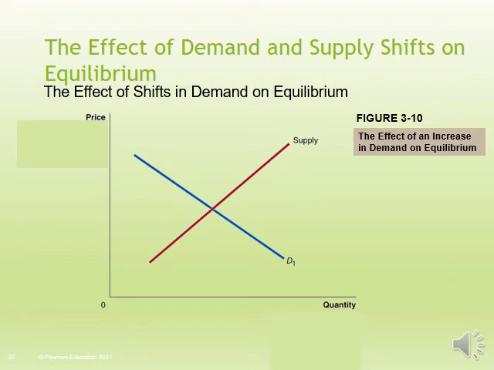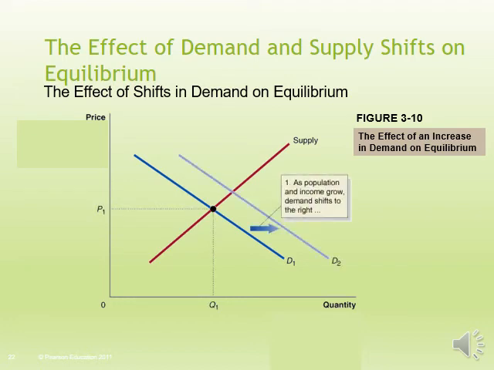Let's say that not only has the supply of LCD televisions increased dramatically, and that's decreased the price, but also there's been a small shift in demand, meaning that as more of your neighbors and friends are getting flat screen televisions, more people wanted them. And so there was an increase in demand.